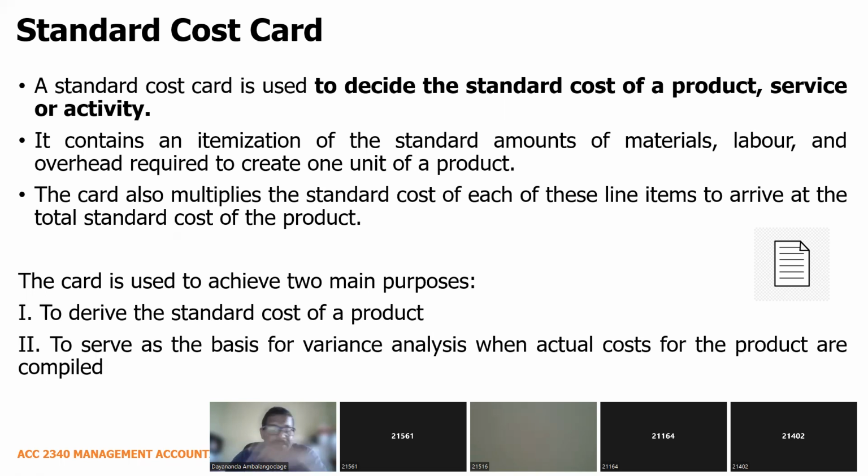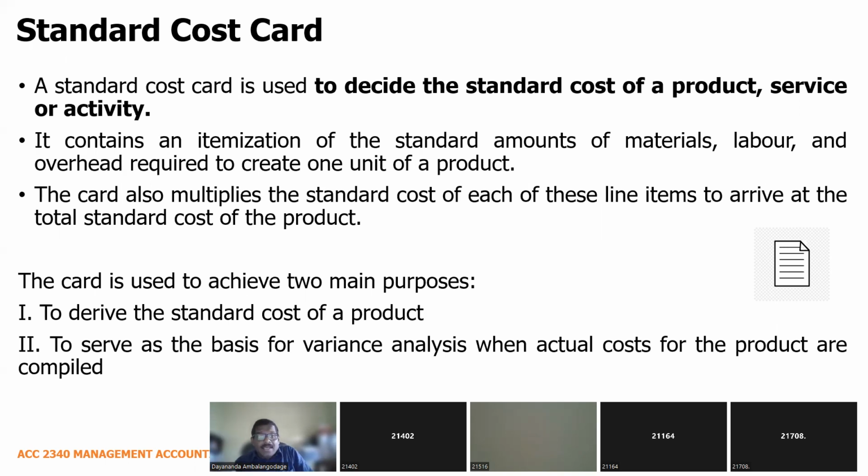For example, if you organize an event in the university or when you were in school, you have to prepare a budget for the event. That is not for one unit, that is for the event. Suppose you are going for a trip, you will prepare a budget for the particular trip. That is somewhat similar to the standard cost card.